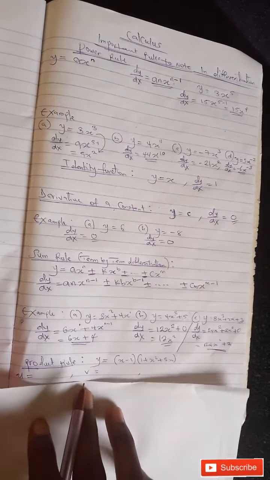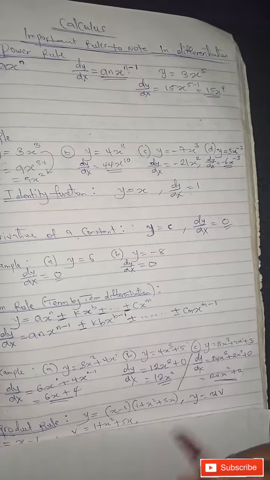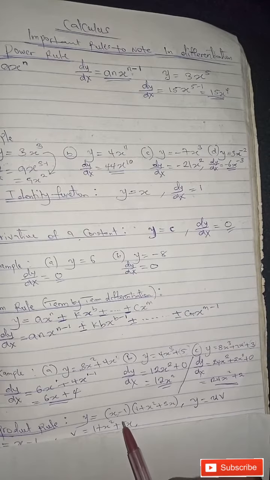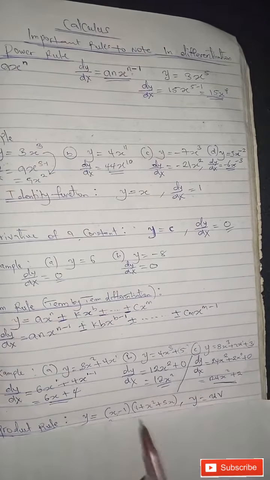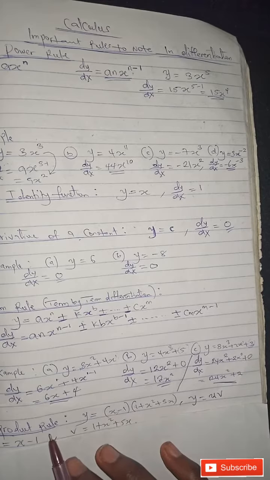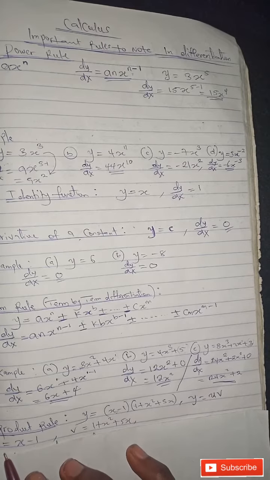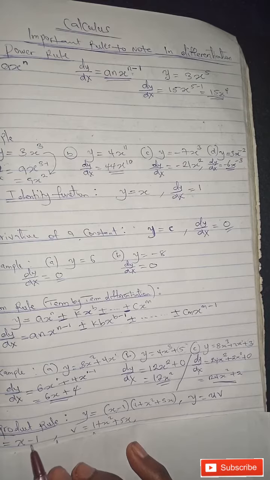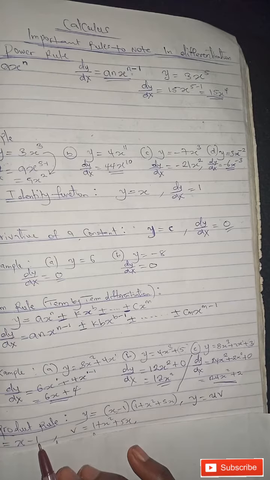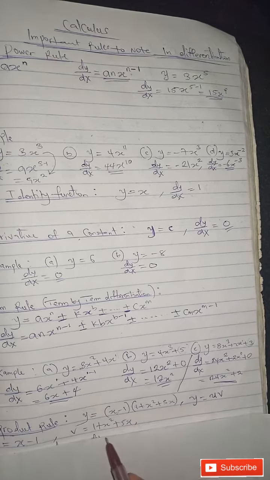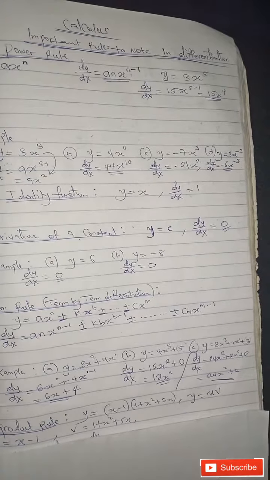The first thing to do is just to assign each of these to another variable. Say u. So you could let u equal x minus 1 and v equal 1 plus x squared plus 5x.